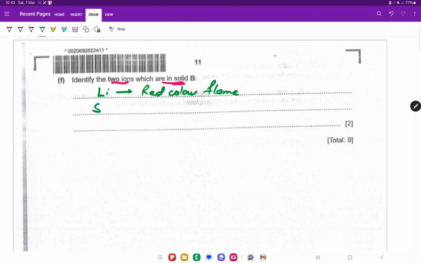And it is sulfate ions, SO4, because it is giving a white PPT with barium nitrate. White PPT of barium sulfate forms when barium nitrate is added. Okay, so these are the two ions which should be present in solid B. Since it is asking about ions, we will write the Li plus ion and the SO4 minus ion.